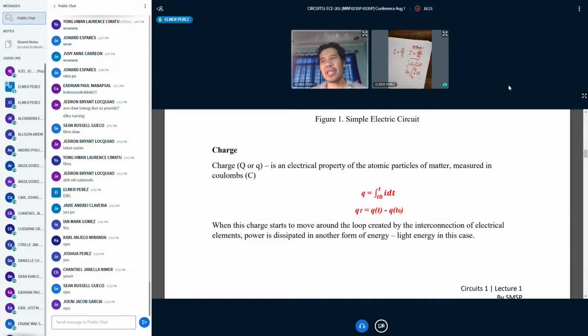Okay, so energy yung pinag-uusapan. Naalala nyo ba ang the law of conservation of energy? Ano ang sabi sa the law of conservation of energy?